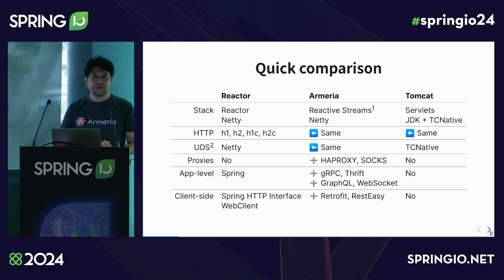Armeria is very similar to Reactor. It uses Netty as its networking layer. It uses its own reactive streams implementation, which is compatible with the Reactor and RxJava. As for the supported HTTP protocol versions, as of today, they all support both HTTP 1 and 2, and both clear text and TLS.